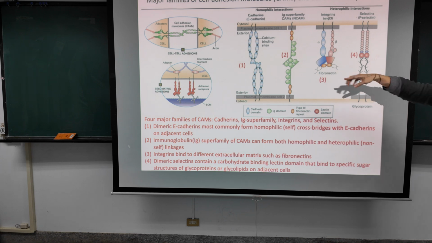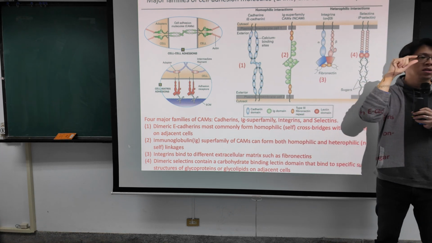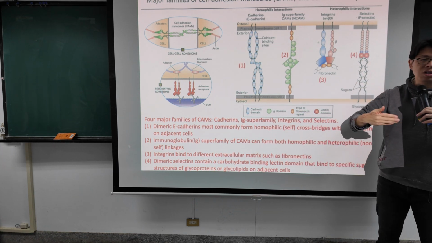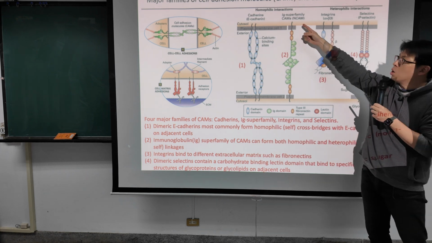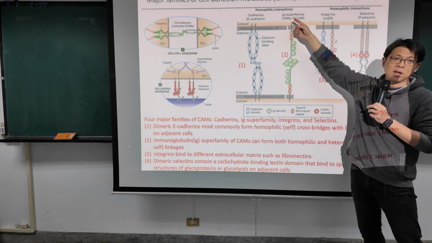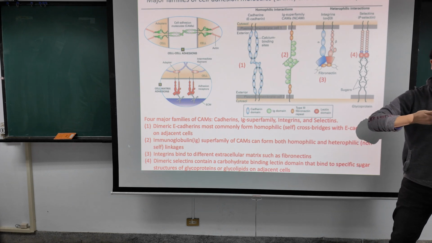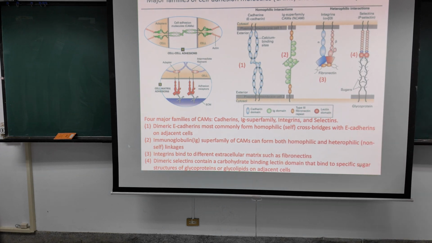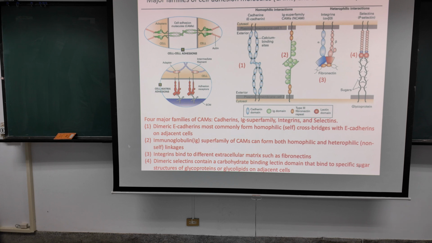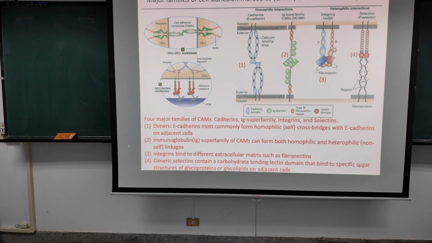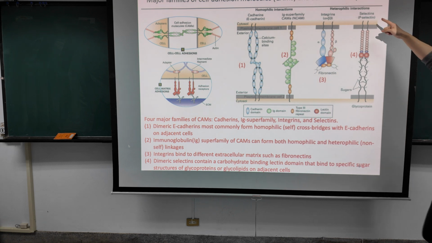In this case, if 2 neighbor cells use the same type of molecule to interact with each other, we call this homophilic interaction. They use an identical type of molecule. If 2 cells use different types of receptors or molecules, we call it heterophilic interaction.